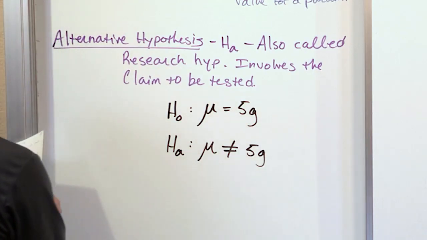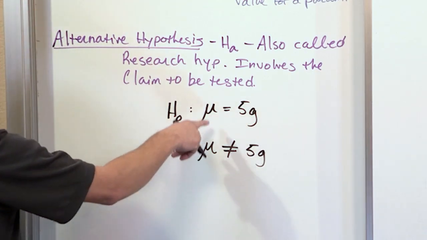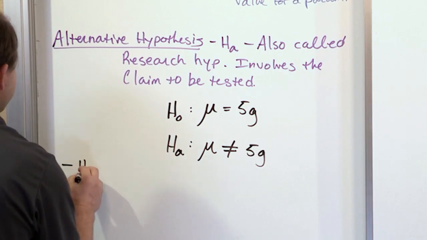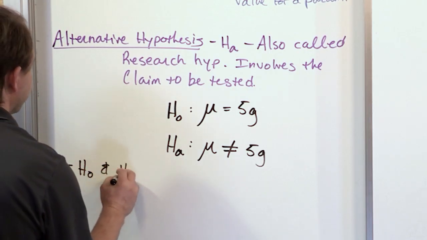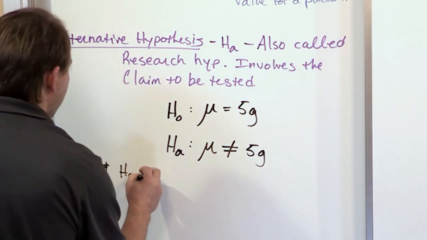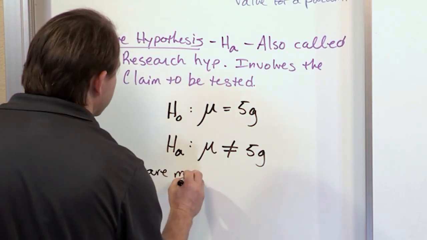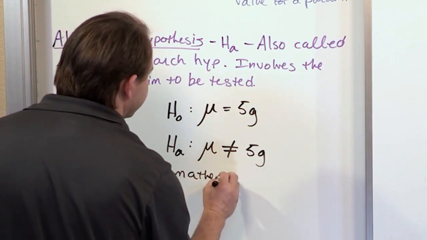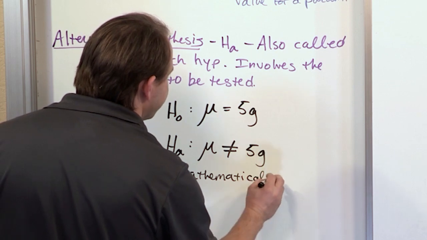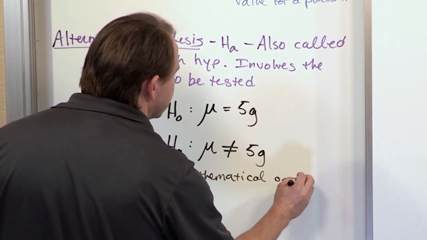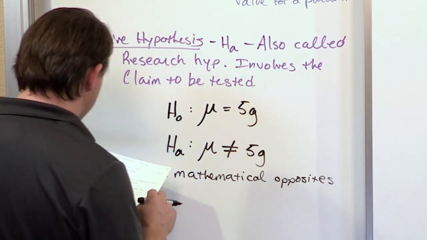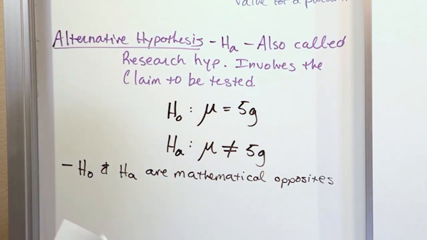Okay? Important thing for you to realize, and you can kind of see it here, but I'll just spell it out for you. The null hypothesis and the alternative hypothesis are mathematical opposites. They're mathematical opposites, okay?